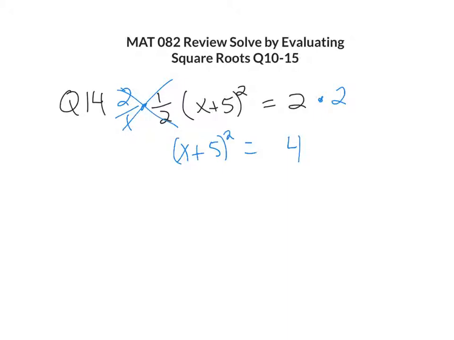Now we have the squared term by itself, and we can take the square root of both sides. That gives me x plus 5, which drops down. The square root of 4 is positive or negative 2. Split your equations.